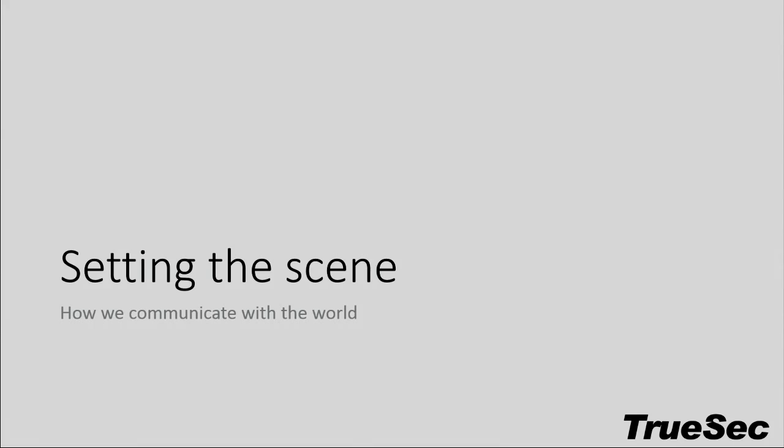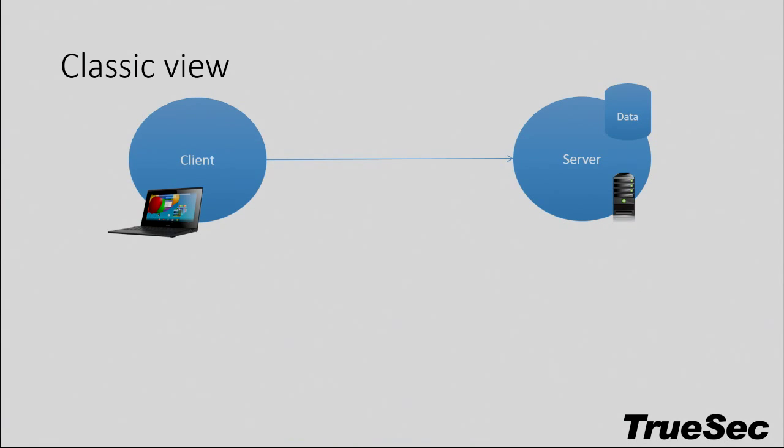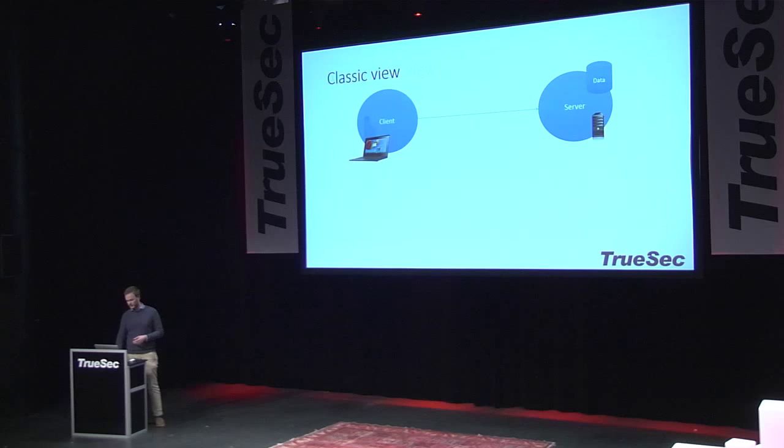So I'm going to set the scene just to illustrate my view of the world. The classical view that people have often is that you have a client of some sort, and then you have a server, and the client calls the server, and the server stores something in a database, some user information or something.